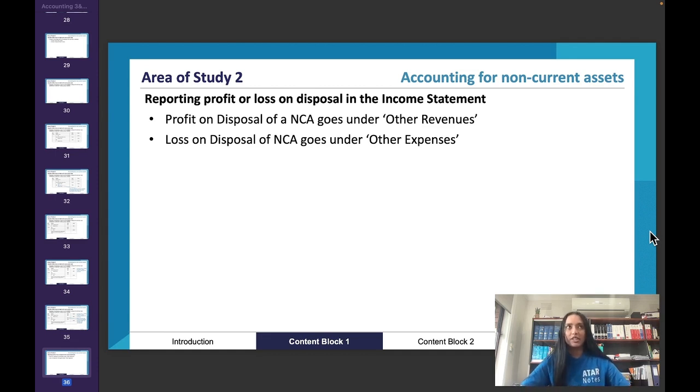So only revenues that are related to inventory go in the first half of the income statement. And by first half, I mean in the gross profit and adjusted gross profit section of the income statement, so before net profit.